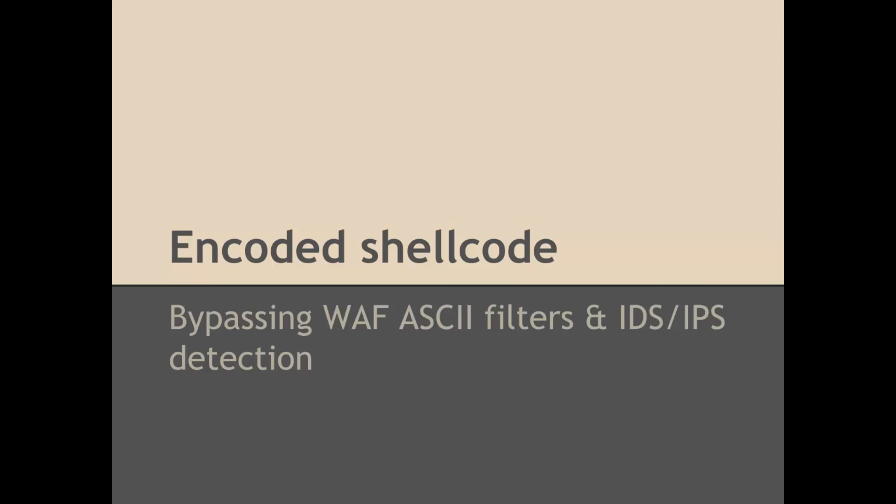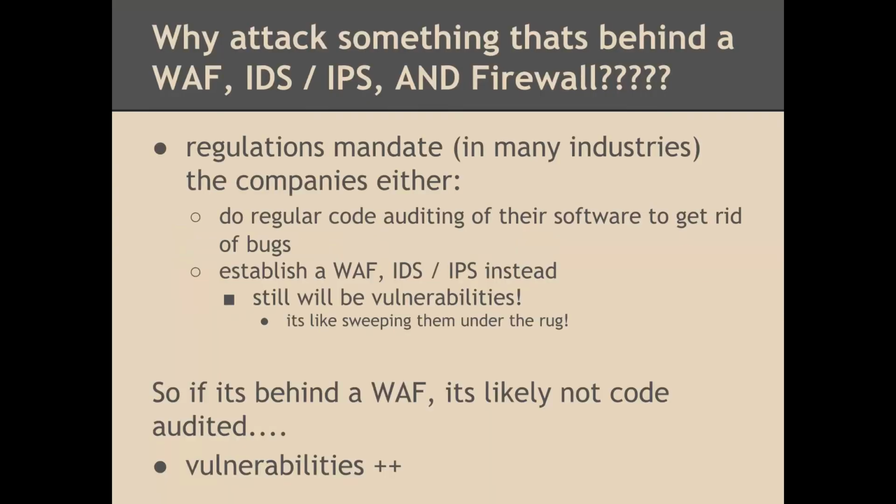We need to continue discussion on how to bypass application layer defenses such as web application firewalls, and perhaps also antiviruses, etc. So we talked about the buffer restrictions and the form restrictions, and discussed how regulations in various industries mandate that companies either do code auditing or just get a web application firewall, and thus they're driven to do web application firewalls.